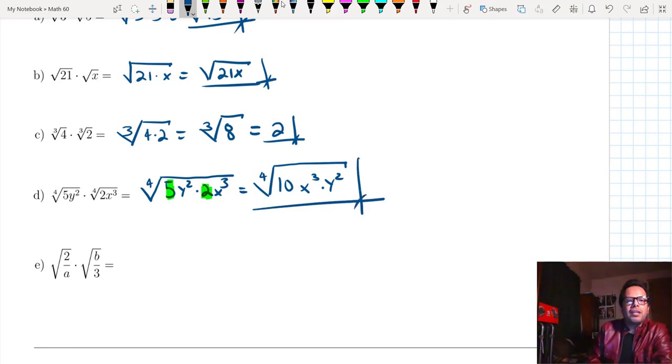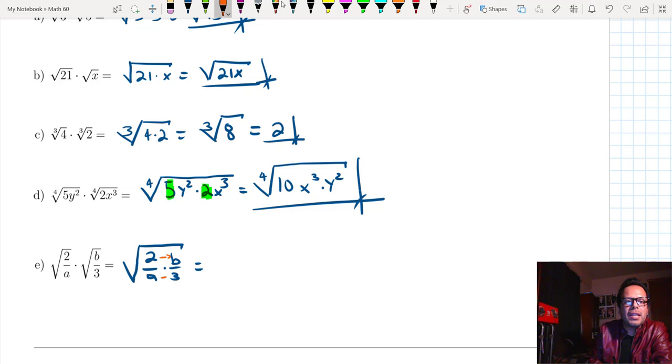Okay, let's look at the next one. Now we have fractions inside. How are we going to treat this? Well, the same way. The square root of the quantity 2 divided by a times b divided by 3. What do we do when we multiply fractions together? Just multiply across.